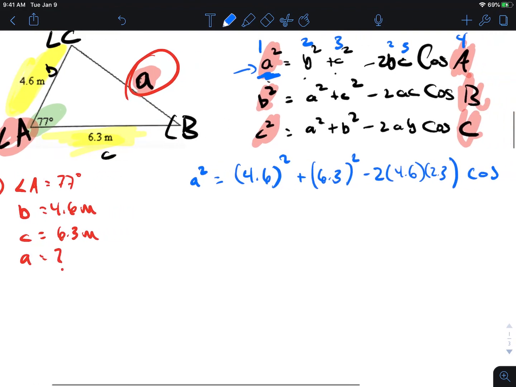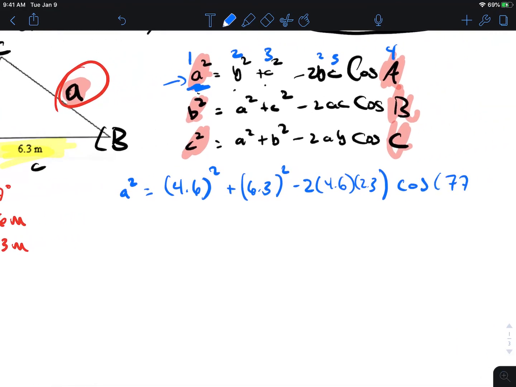What's the angle? 77. How easy is that? You're just going to sit there and type stuff in. What's 4.6 squared? Do we know what that means? It's the same thing as saying 4.6 times 4.6. What is that?